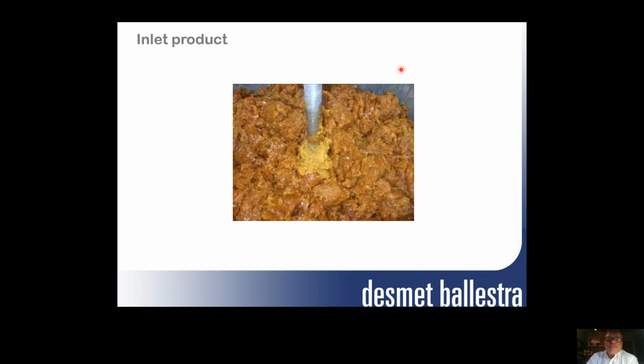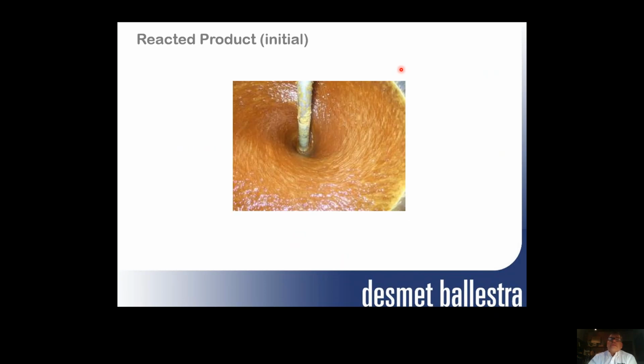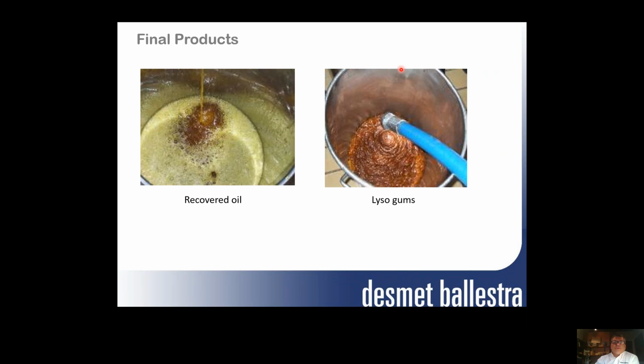Some other pictures: the inlet product is a very sticky and viscous product, but this is how it looks once we start the reaction. You can see much more liquid, but the final product, the recovered oil, is like normal oil, and the lysozymes, which are a little bit more liquid.